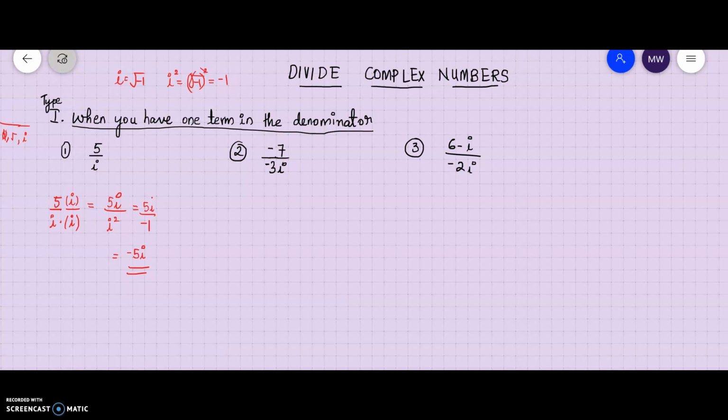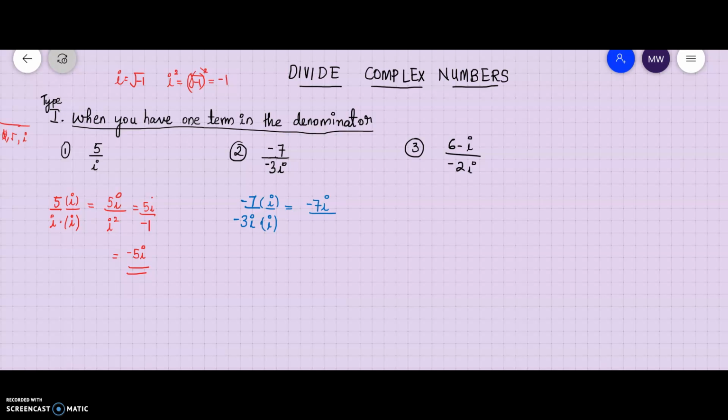Let's look at the second question now. We have -7 over -3i. We take the i and multiply it to the denominator and to the numerator. I'm going to put it in parentheses so you can see that I multiplied an extra i. In the numerator, we have -7i.